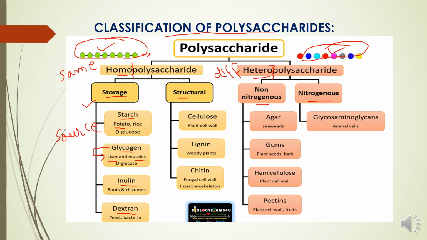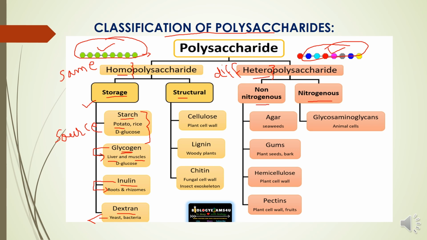Inulin is present in roots and rhizomes, and dextran is present in yeast and bacteria. But two of these, starch and glycogen, are important for MCQs. You can learn where starch is present and where glycogen is stored.